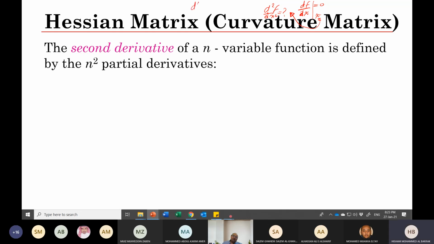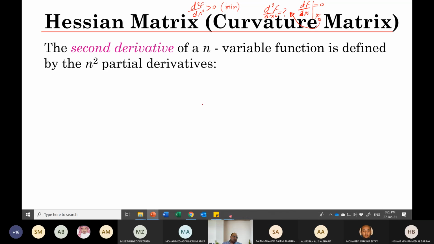If the second derivative is positive, this point is what? If d square f by dx square is greater than 0, this is a local minimum. If it is less than 0, it is a local maximum. The Hessian matrix plays the same role.